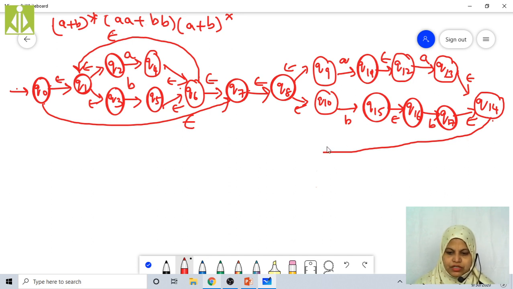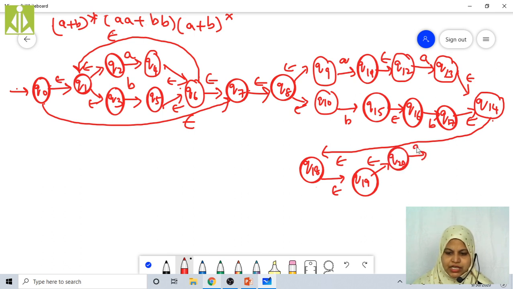Epsilon, here q17 means q18, again q18 epsilon, q19 epsilon, q20, this is a, q21 epsilon, q22 a, then q23.